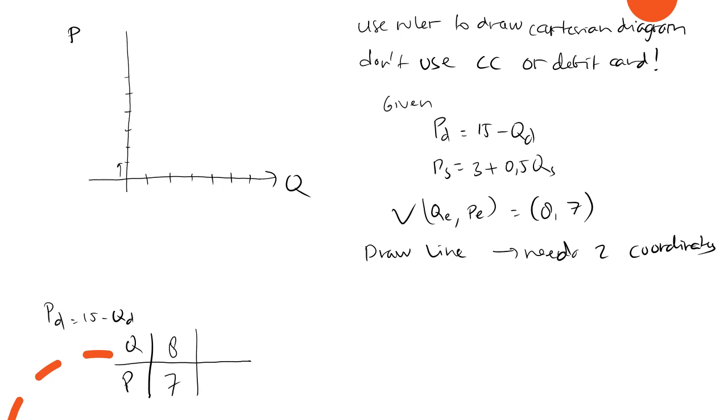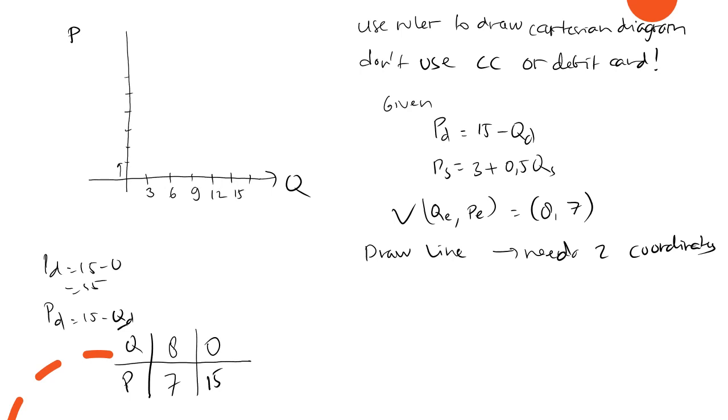So let's put Q over here as 0. So PD, 15 minus 0, is 15. So now this is 15. I think I want to make the scale here 3, 6, 9, 12, and 15.